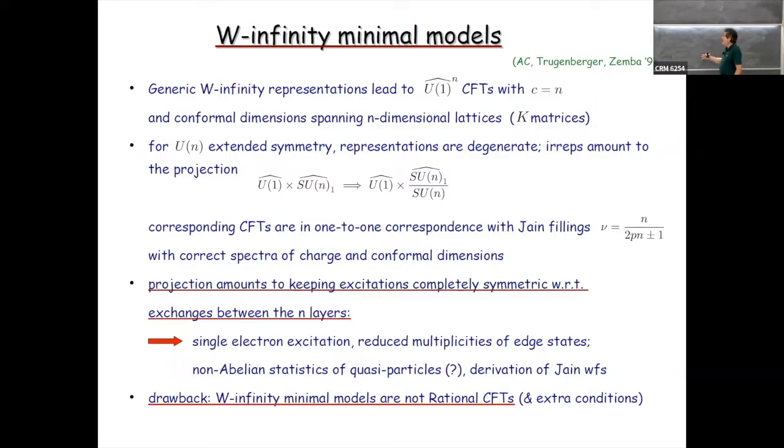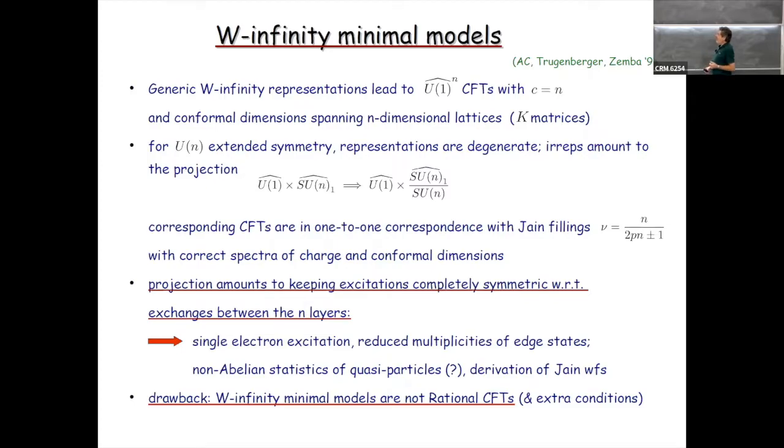This is not a real minimal model, but the philosophy is the same: go to the irreducible representations, take a minimal amount of representation, and define the theory with this reduced representation. Then you find that this in fact corresponds to the Jain filling, and it matches what phenomenologically represents the prominent plateaus observed experimentally.